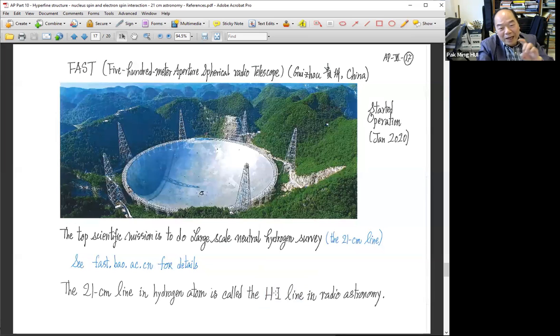So it aimed at doing a wide-angle full sky survey of this 21 centimeter line, so as to look for a lot of things. I think they have found many binaries in about 15 months, more than anything before.